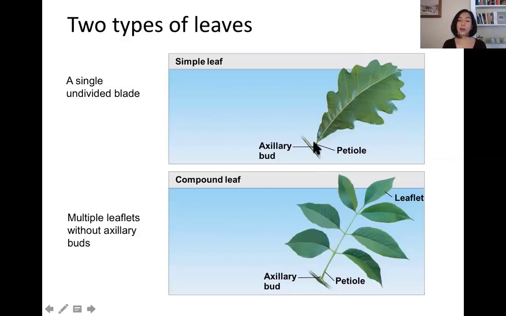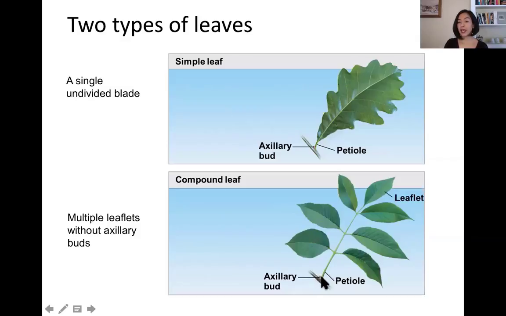Now, let's compare to the compound leaf. In this, we're going to have multiple leaflets. So this means that all of this is one leaf. This is the petiole, and these little guys that look like leaves are actually leaflets. And then we describe this as a compound leaf, and what helps is to find the axillary bud.